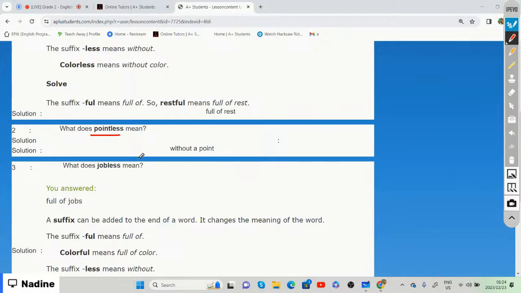It's like somebody asking you, what is your point? So that is pointless. It is without a point, like you're not getting to what you actually want to say.